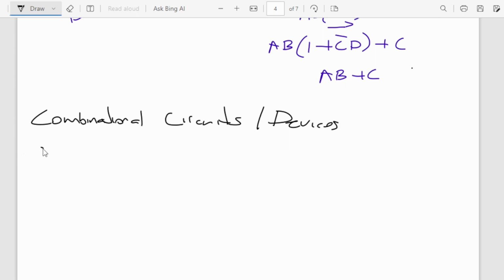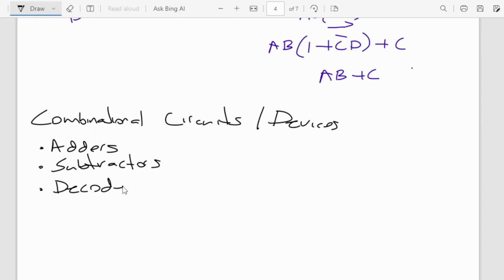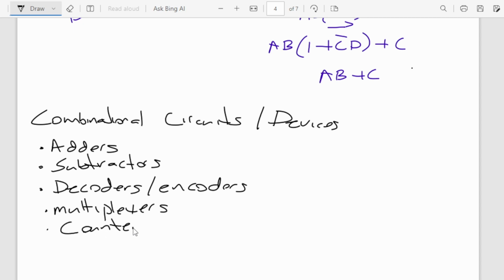We want to discuss adders, subtractors, decoders, encoders, multiplexers, and demultiplexers, and of course we have counters, timers, and frequency dividers as well.